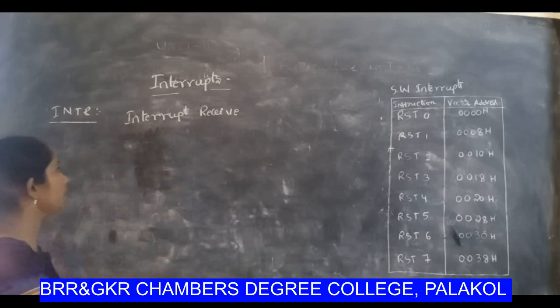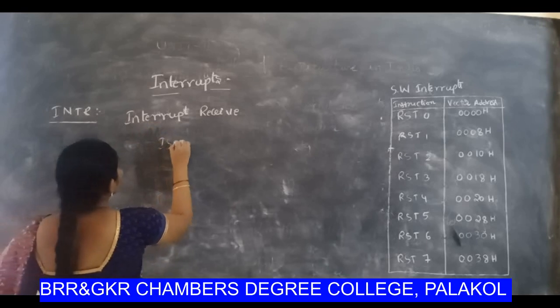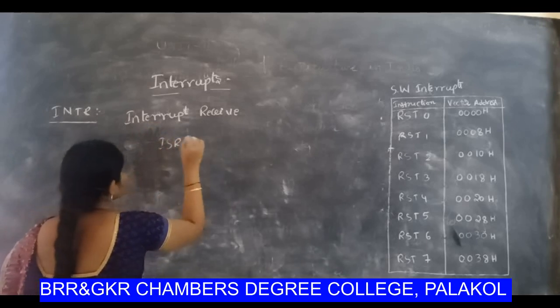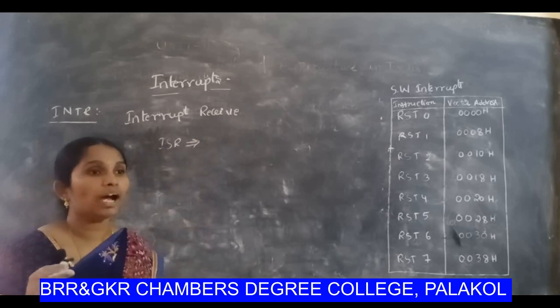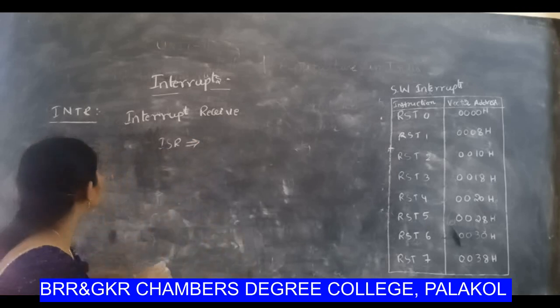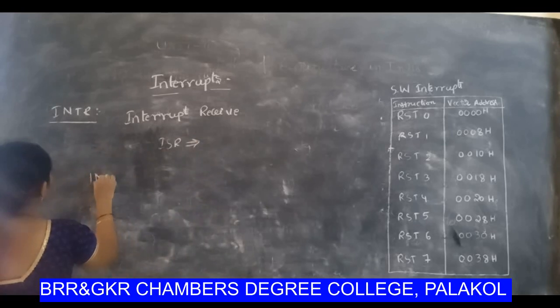Okay, so after receiving this interrupt, and after execution of the ISR, which is nothing but the interrupt service routine, it will send an acknowledgement to the peripherals by using a signal, that is INTA bar.